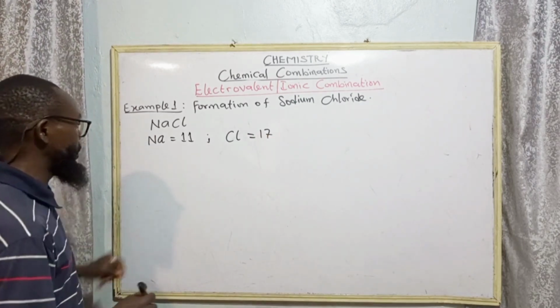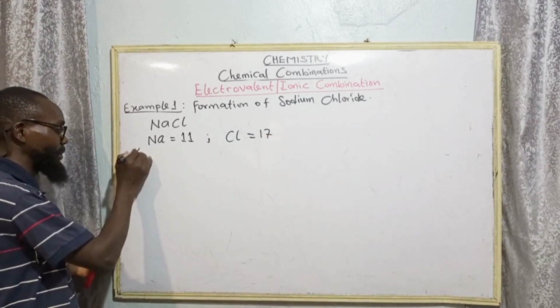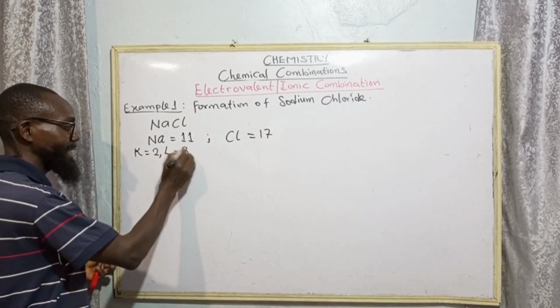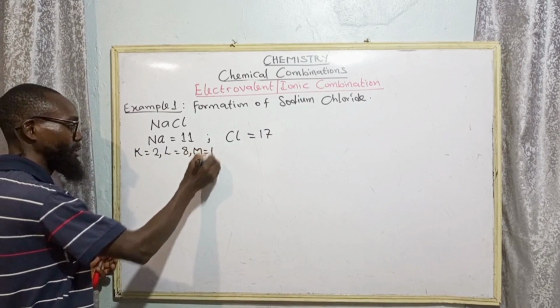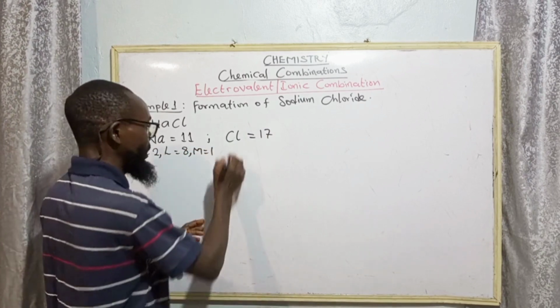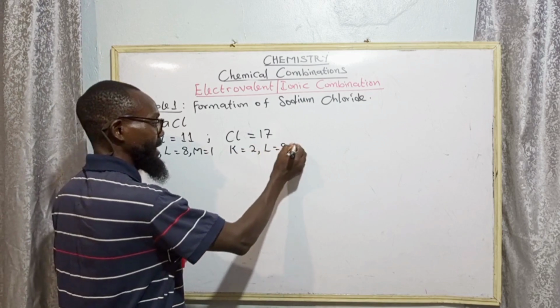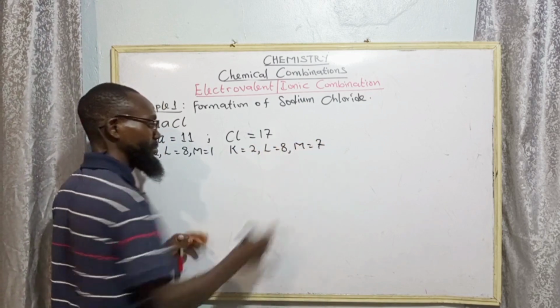Then we have sodium. The K shell of sodium is going to be 2, L shell will be 8, and M shell is going to be 1. While for chlorine, the K shell is 2, L shell is 8, M shell is 7.